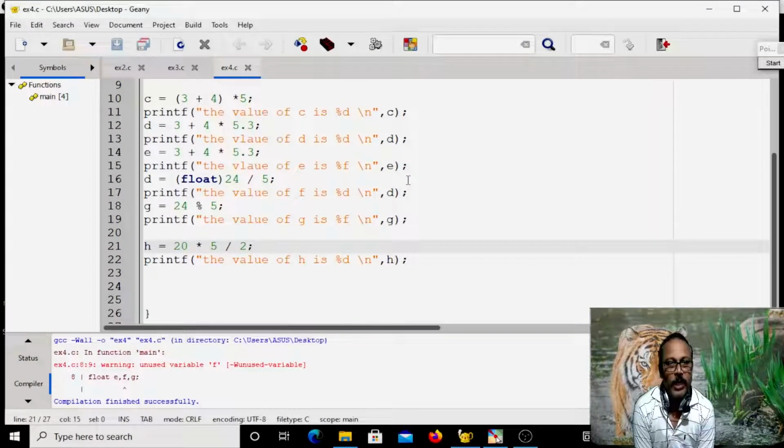So if 5 slash 2 is evaluated first, then what happens? Because both are integers, integer division will be carried out. 2.5 will be converted to 2, and 20 star 2 will be 40. If you want, I can explicitly override it and show it.